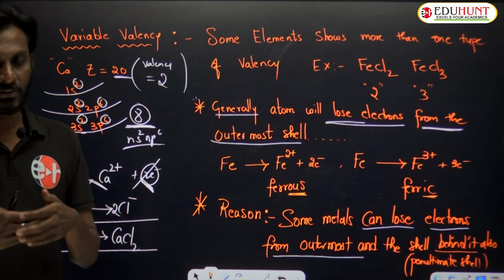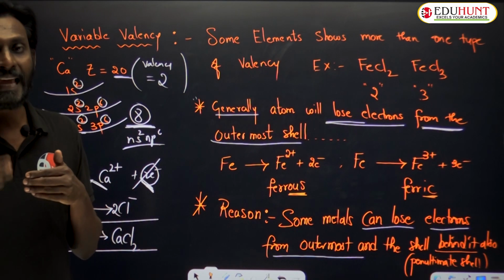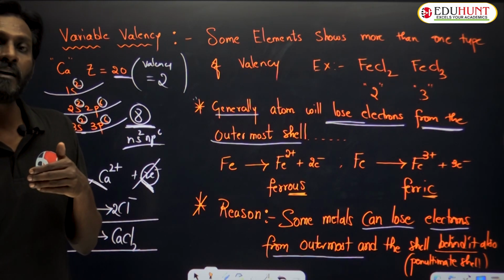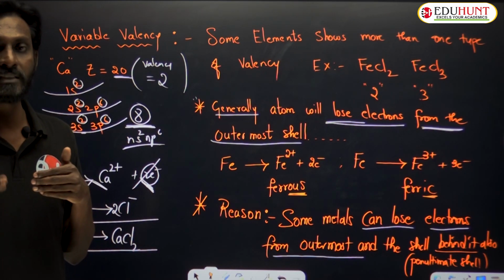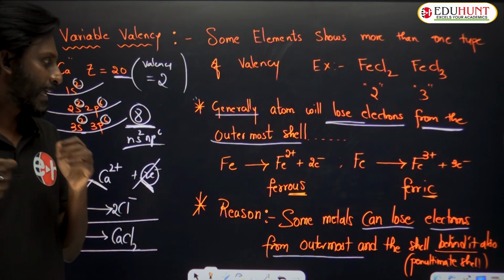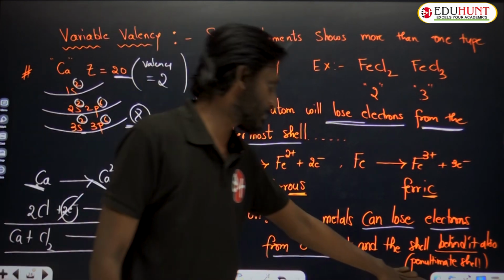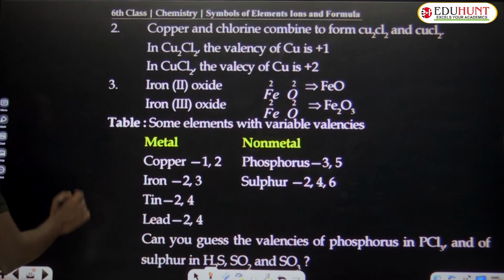They will lose electrons anyway from the outermost shell, but along with the outermost shell electrons, they can lose electrons from the shell behind it. What is the shell behind the outermost shell? Penultimate shell. Okay, I will take the same example, iron, and explain why it happens and how it happens also.